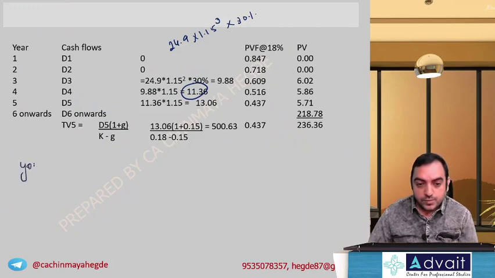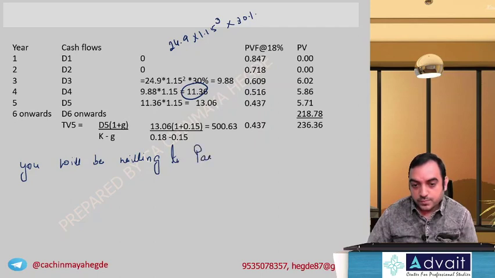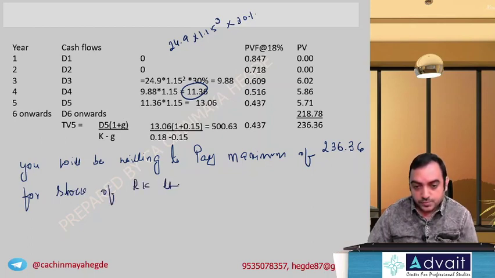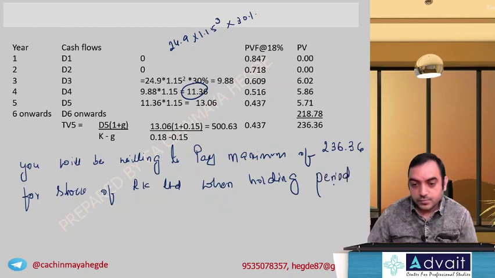So you will be willing to pay a maximum of 236.36 for stock of RK Limited when the expected holding period is 5 years.